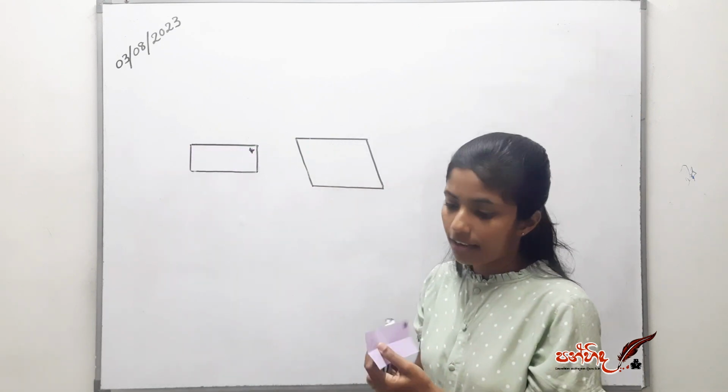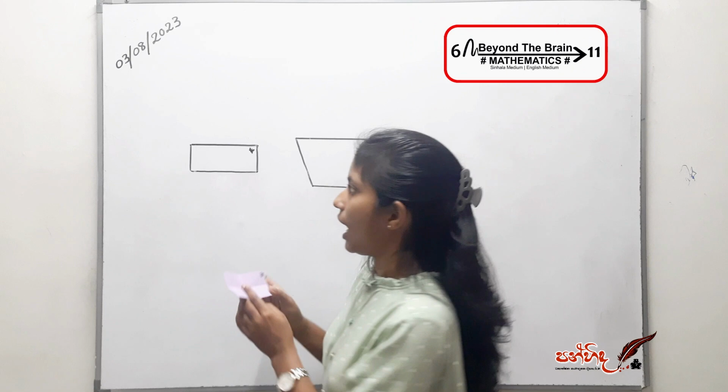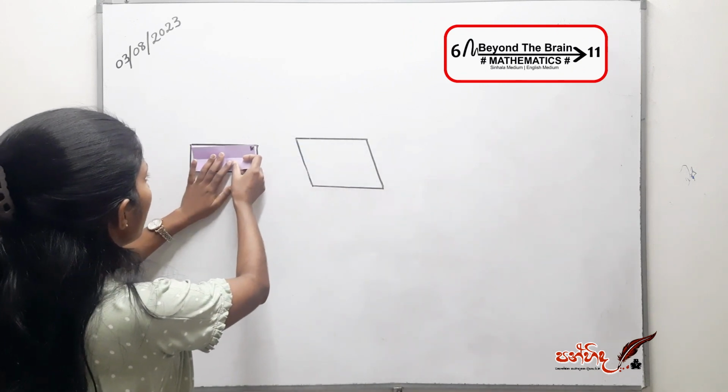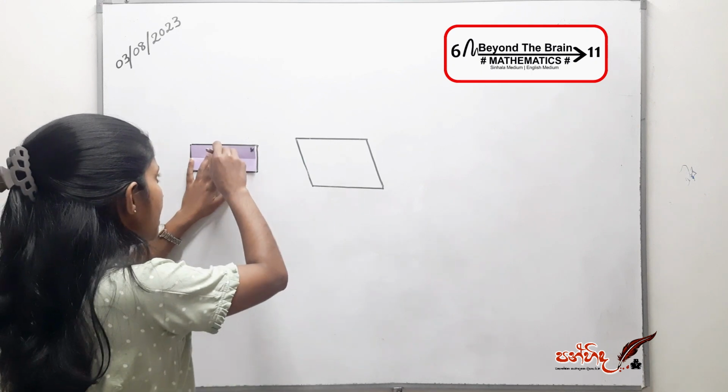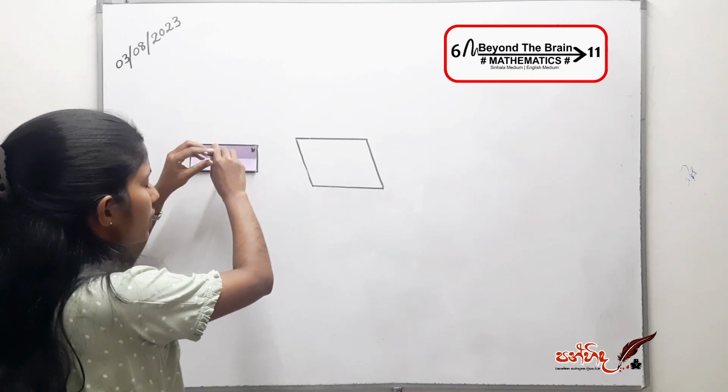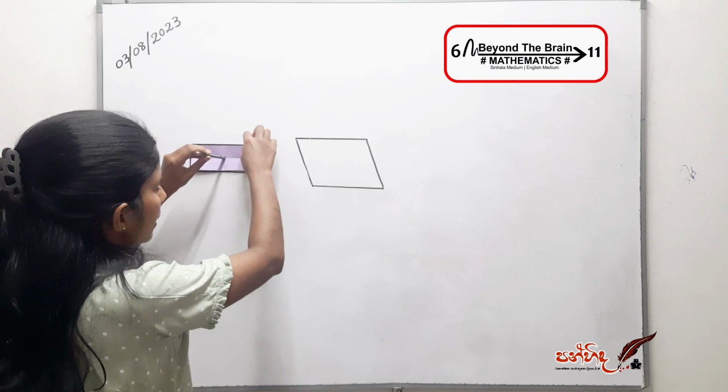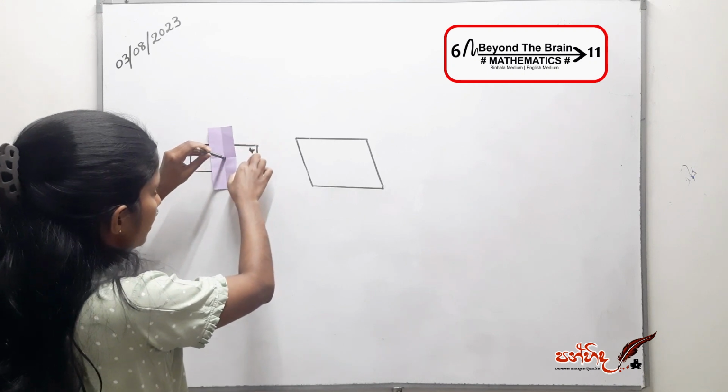That is for the easiness of us. And then I am going to keep it here, fix it at the center of rotation which we have found, and then rotate. So when I rotate, it will be like this.